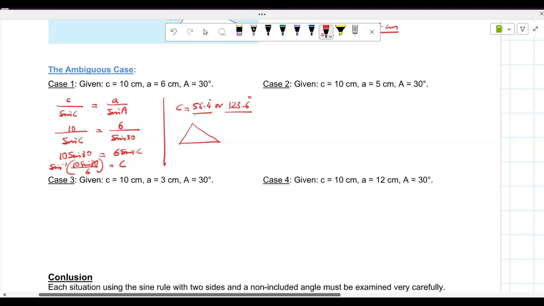So look, your A is 30, C is 56.4, A is 6, and your C is 10. So then you can find your B.